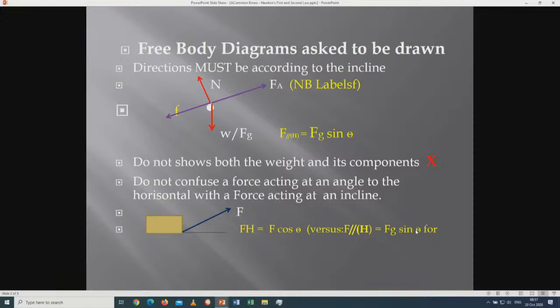So just remember that difference, and be sure whether you are working with an incline or just an object moving along a horizontal surface. Right.